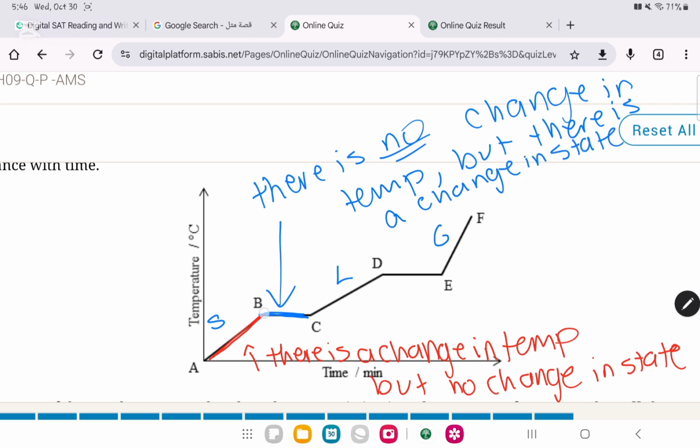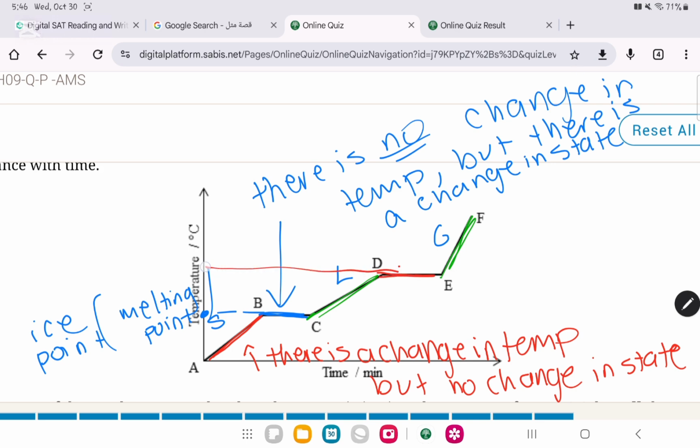Meaning that once it reaches this point, which we call the melting point, or if you remember from last week's quiz, we called it the ice point, there is no change in temperature, but there is a change in state.